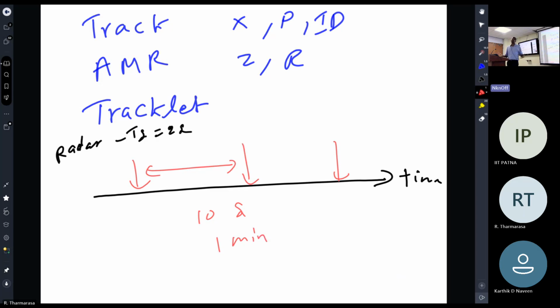So we don't need to communicate every time, because our objective is to reduce the communication load. If you can send every 2 seconds, that's much better, because you get a better estimate at the global level. But if you want to reduce the communication load, you will send only once in a while. You may get multiple updates, but send once in a while. Usually this is how track-to-track communication works.